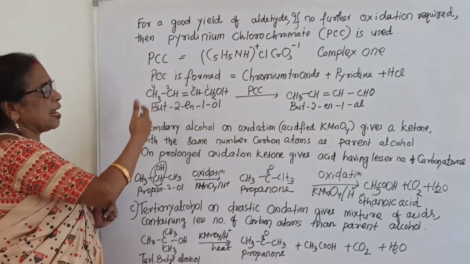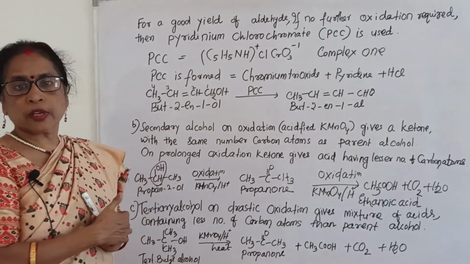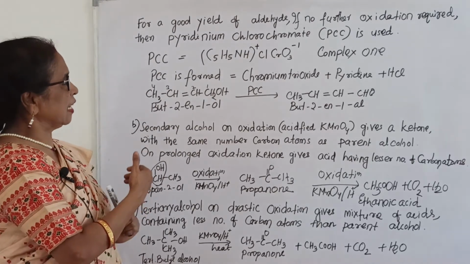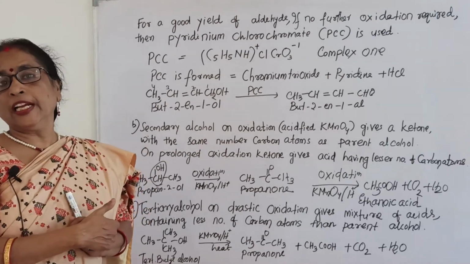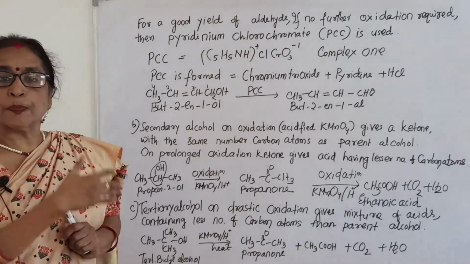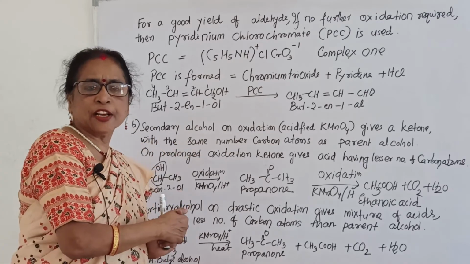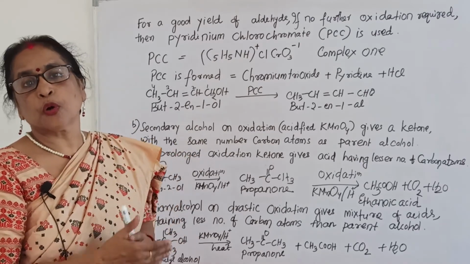Similarly, after anhydrous chromium oxide, another substance is used that gives a good yield of the aldehyde, known as PCC. What is PCC? Pyridinium chlorochromate.